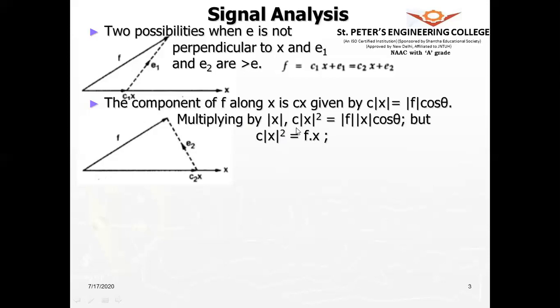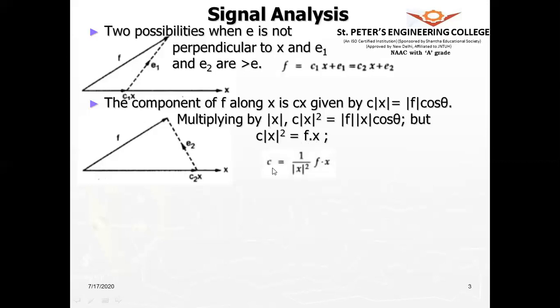So we want to find out what C is, how we compute C. We multiply mod x on both sides. So we get C mod x square is equal to mod f mod x cos theta. But mod f mod x cos theta is equal to f dot x.